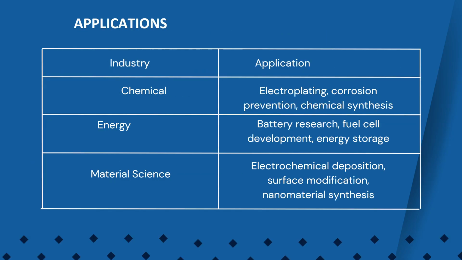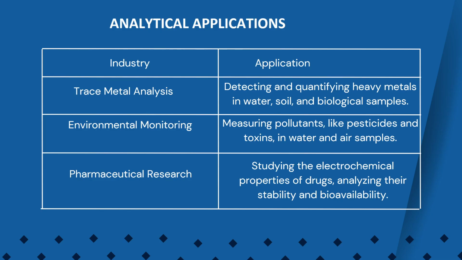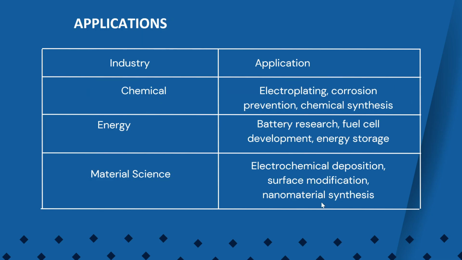Then comes the applications. Here I have listed two types of applications. One in the basic chemical related side and the other in the analytical applications. So first in the chemical industry, we'll be knowing where a potentiostat is used. In the chemical industry, the potentiostat is used during electroplating or corrosion prevention and also chemical synthesis.